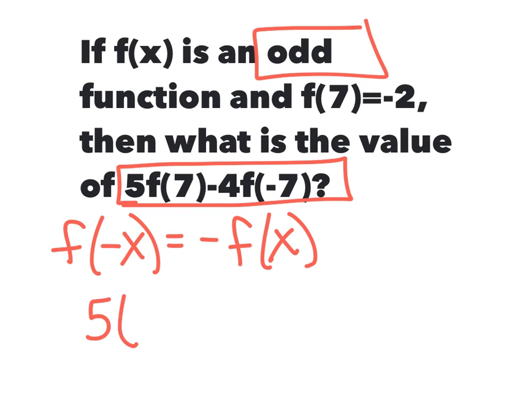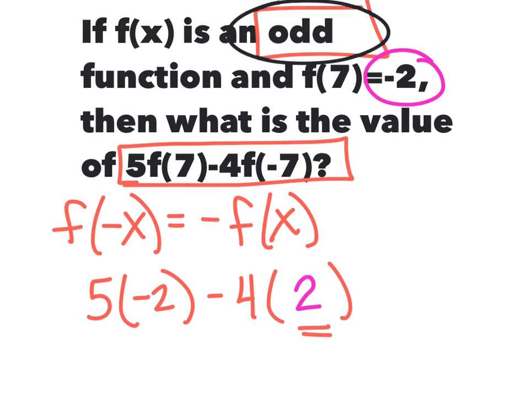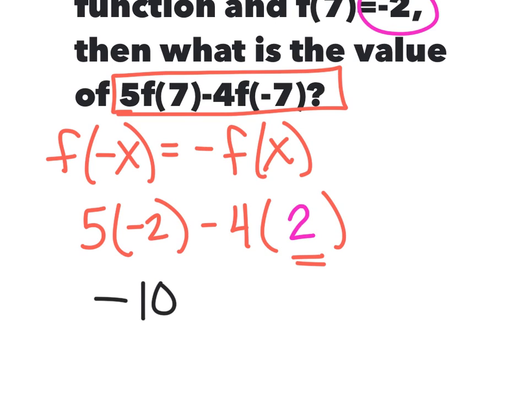So that's 5 times f of 7, which is negative 2, minus 4 times, what am I going to put here if I want f of negative 7 and the function is odd? Well, remember, when I substitute in negative x, I want to get out negative y this time. So I'm actually going to get out a positive 2 if I negate that. So now I'll have negative 10 minus 8 for a total of negative 18.